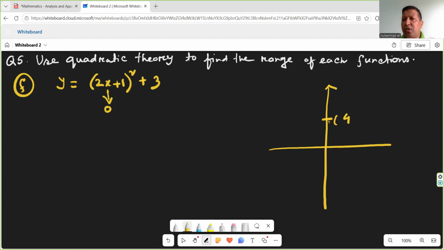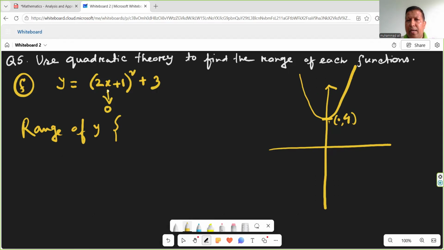That means it is 0, 4. Curve shape will be like this. So we have to say range of y such that y greater than equals to 4.